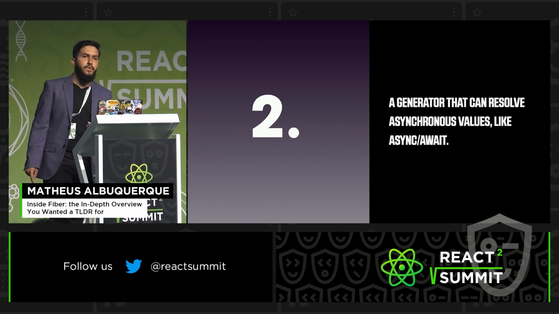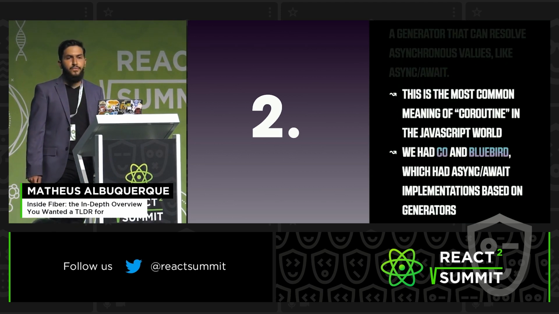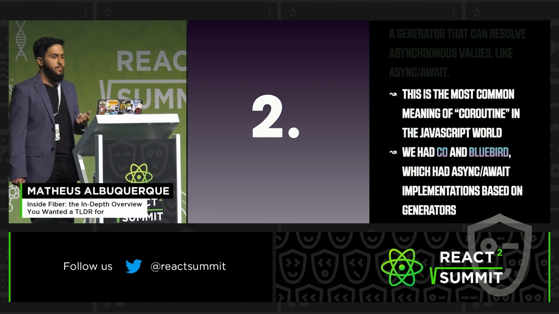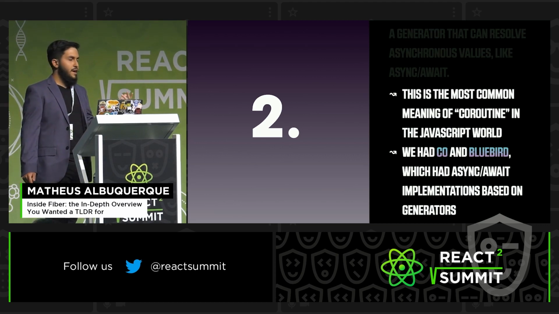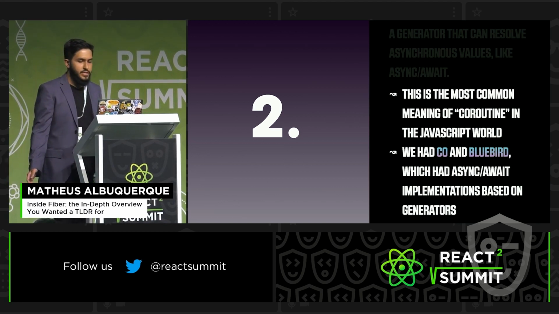Another definition I found is that those are generators that can resolve async values, just like we have with async/await, for example. And this definition is also really common in JavaScript because, for example, you may remember co or bluebird.coroutine before promises were really a thing. Those were basically promise implementations based on generators. And even Babel under the hood also does that.